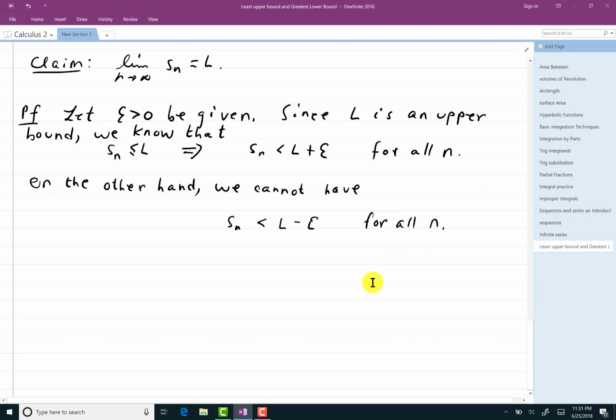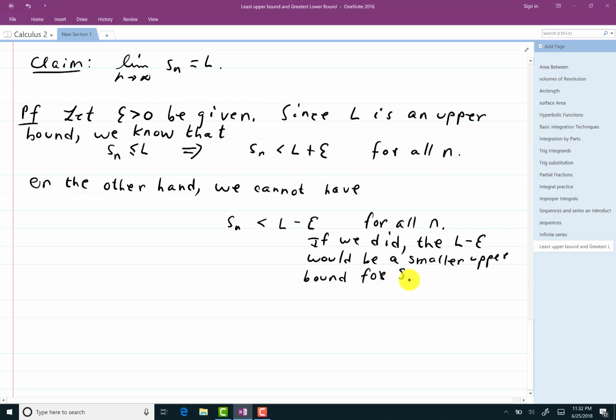Because if we did, then L minus epsilon would be a smaller upper bound for S. So we can't have that. So we cannot have this.